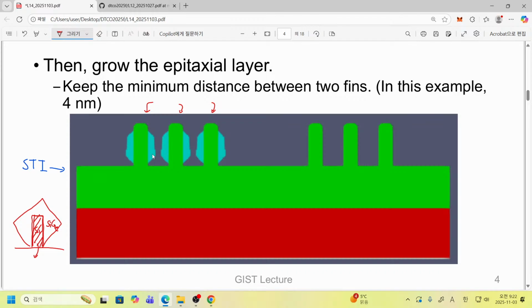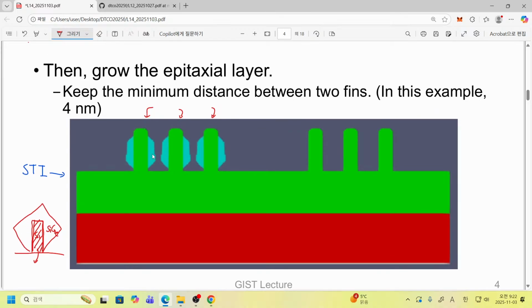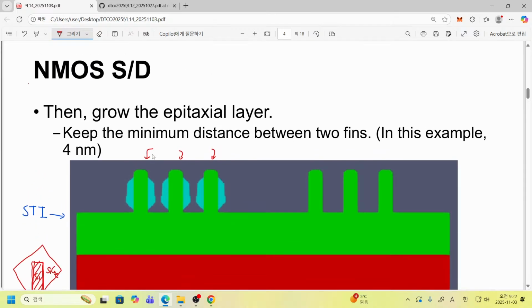Let me just draw it, although my drawing is not that good. If we just keep the silicon fin here, then let's say that this is our real channel, and this is our source and drain region.